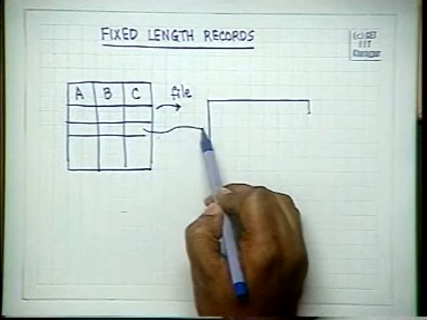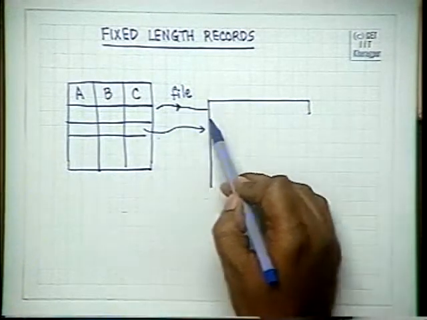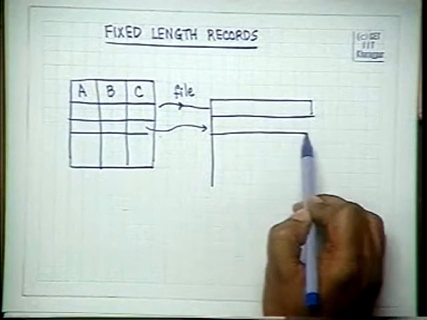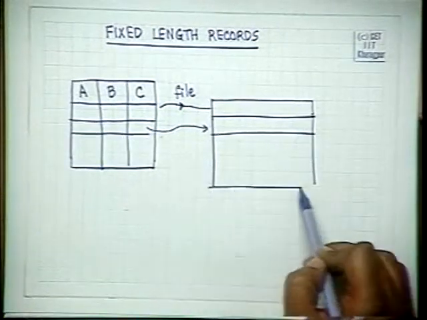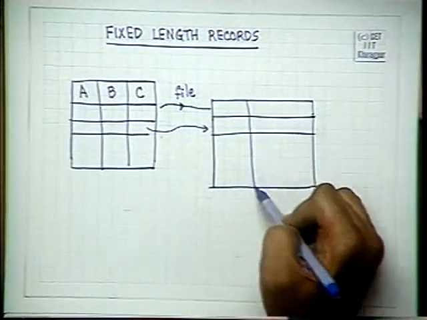So each tuple in this table will be a record in this file, and the record will be organized based on these attributes.